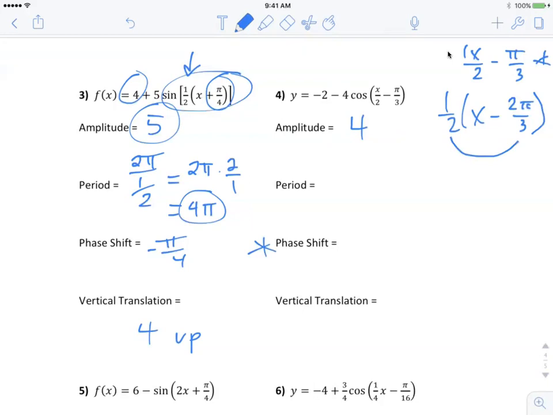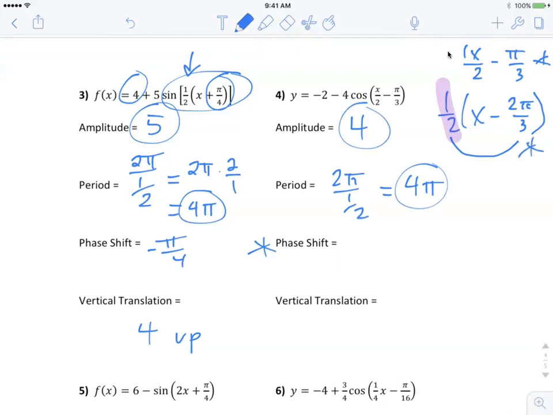Okay, so now for the period, I'm going to use that guy. Why did I erase it? I meant to highlight it. We're going to use that guy. So we're going to do 2 pi divided by 1/2, which is exactly what we did in problem number 3, 4 pi. For the phase shift, there it is now.